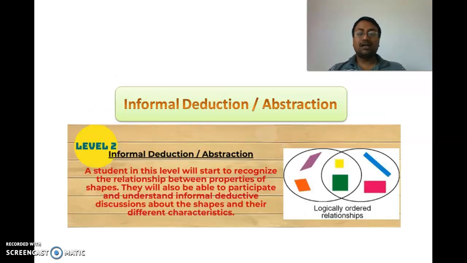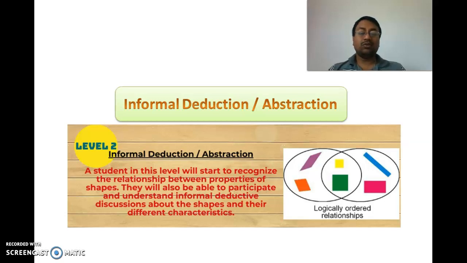Then the third level, which is termed level 2, is informal deduction or abstraction. In this level, a student will start to recognize the relationship between properties of shapes.